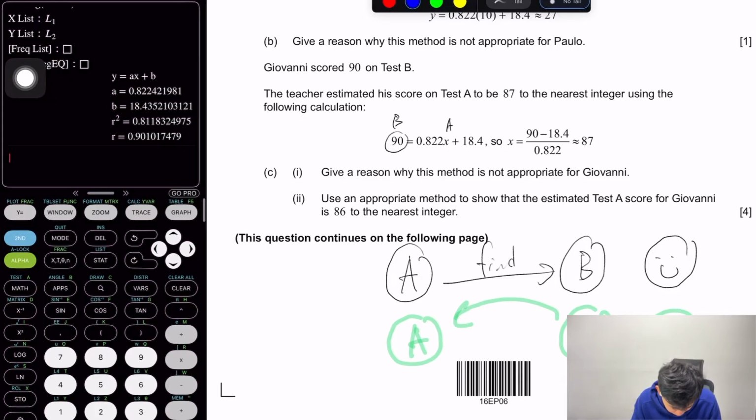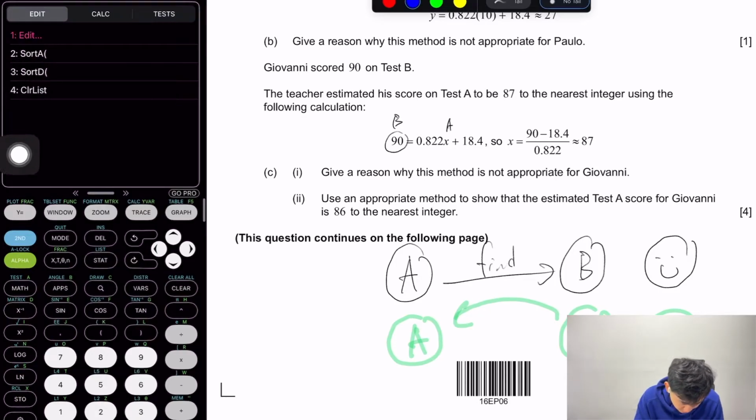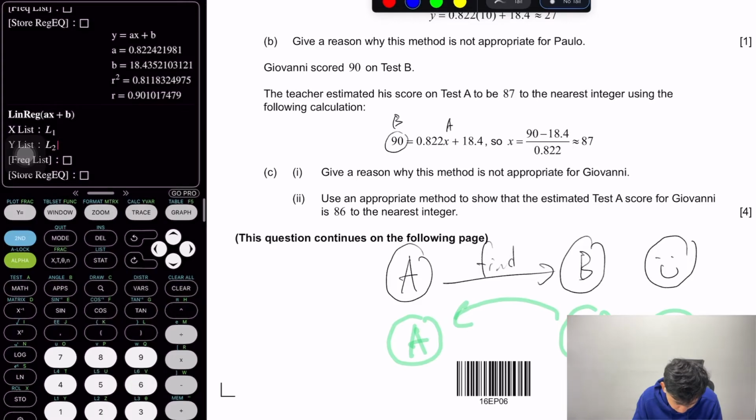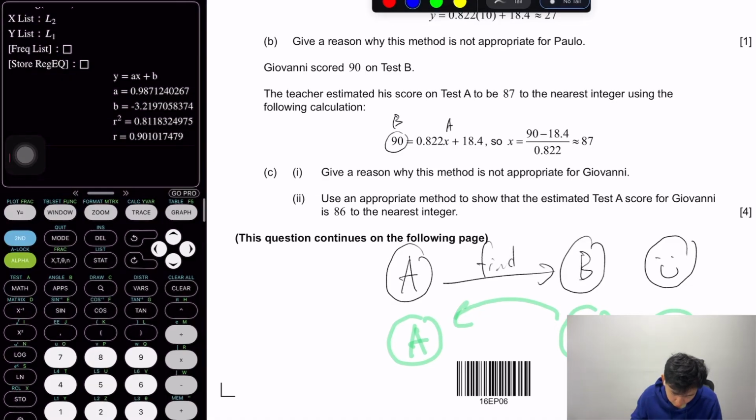So basically, we can just click in statistics, right-hand side, and then go to linear regression line. We basically just have to swap. Delete this one, make it the list one, and then go to the top. Delete this one, make it the list two. And there we go.